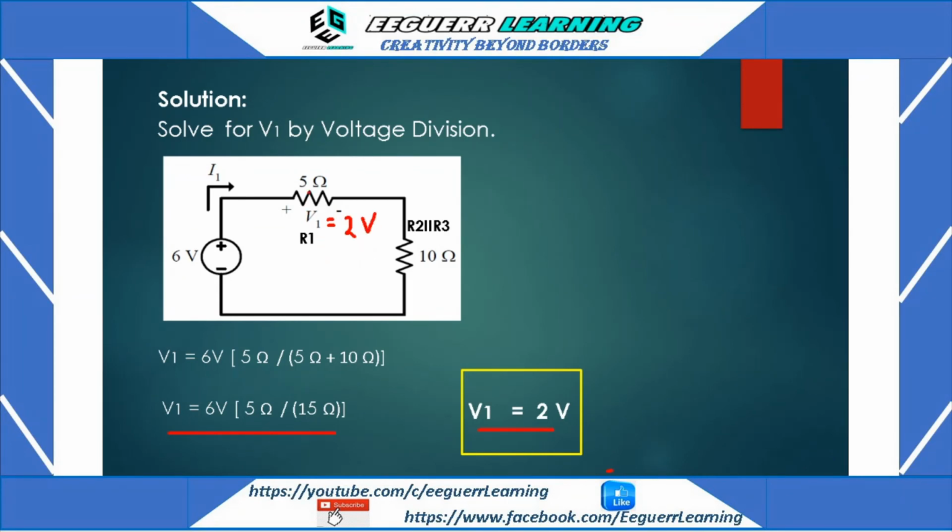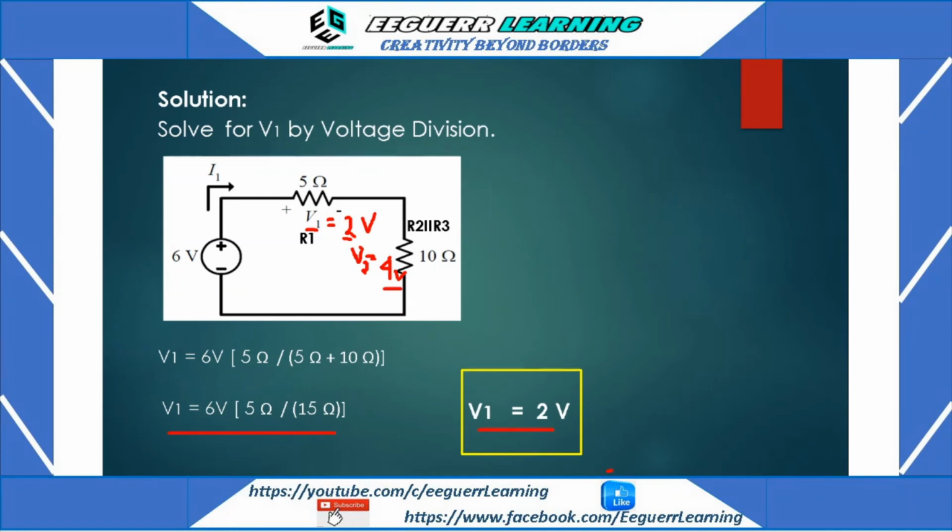Okay, so since this is just the voltage drop for V1, we assume that V2 here will be doubled by 2. So V2 will be 4 volts.